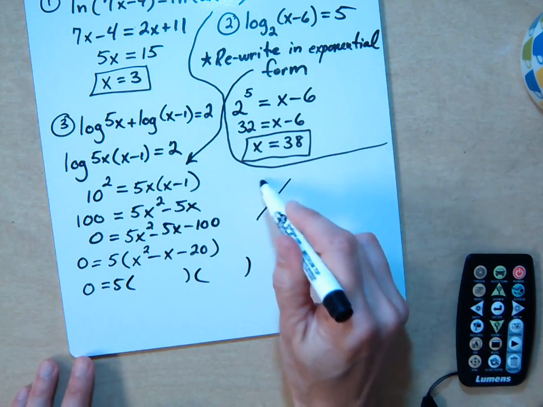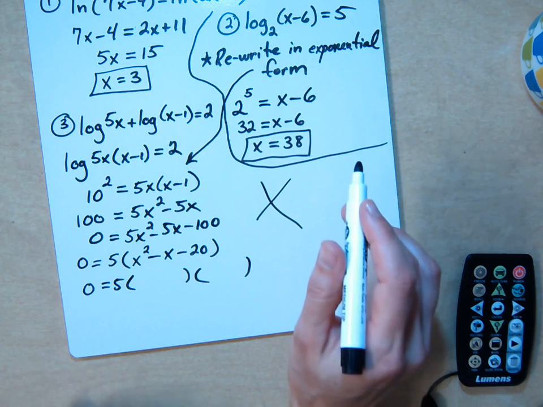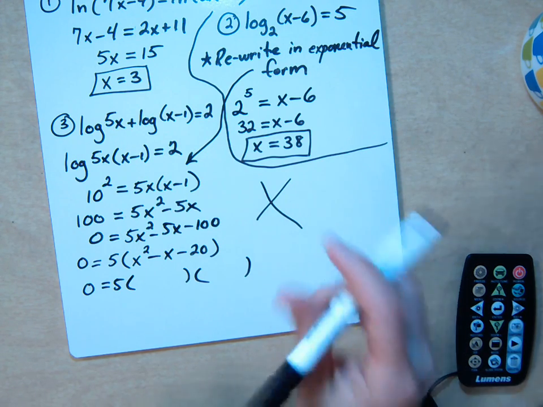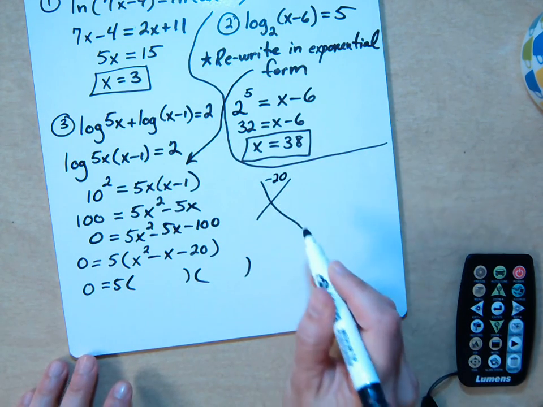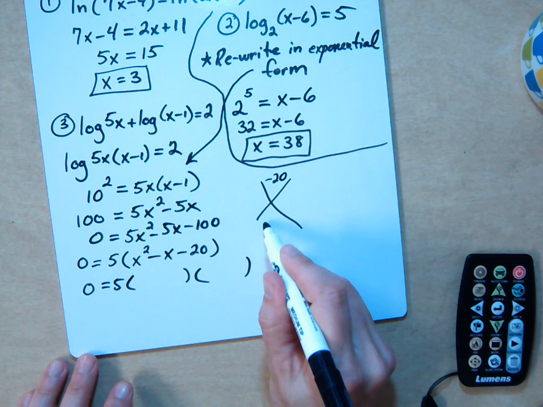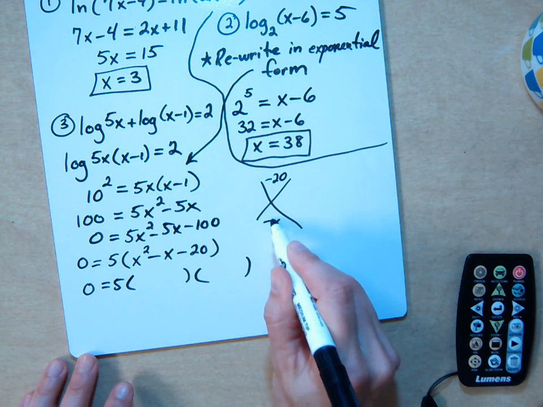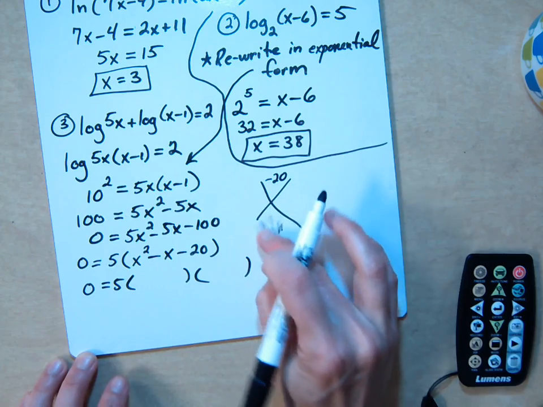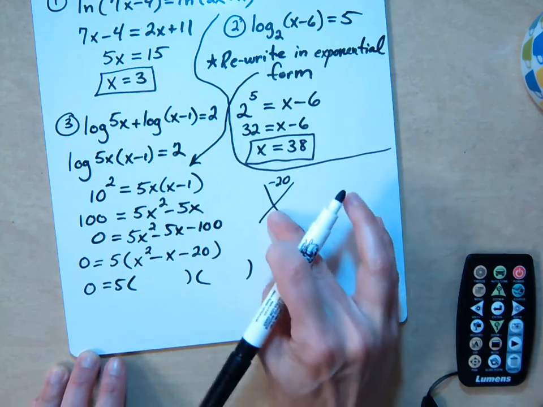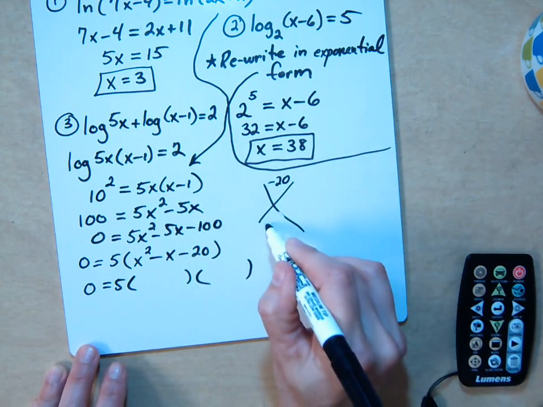So I just say what multiplies to negative 20 and adds to negative 1, actually, the coefficient. I can just do the shortcut. So what multiplies to negative 20 and adds to negative 1?